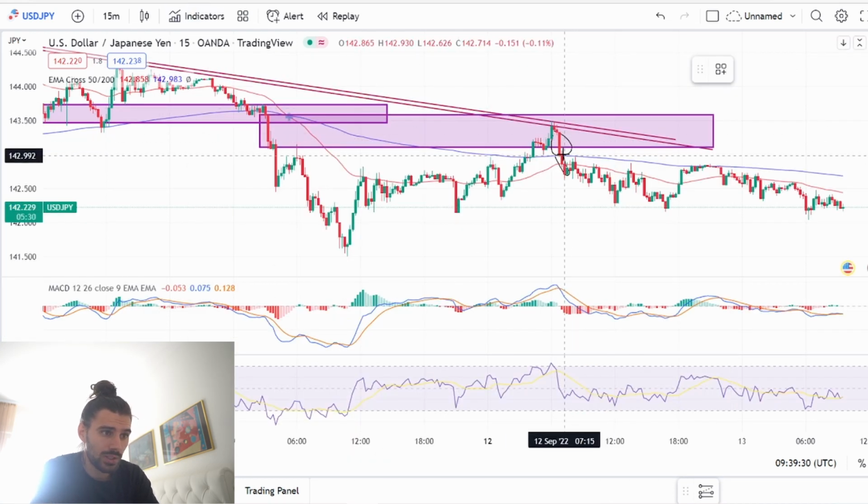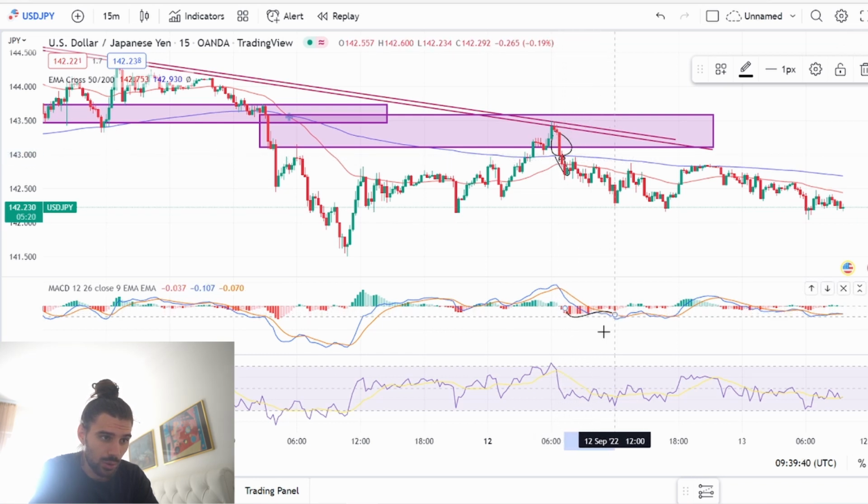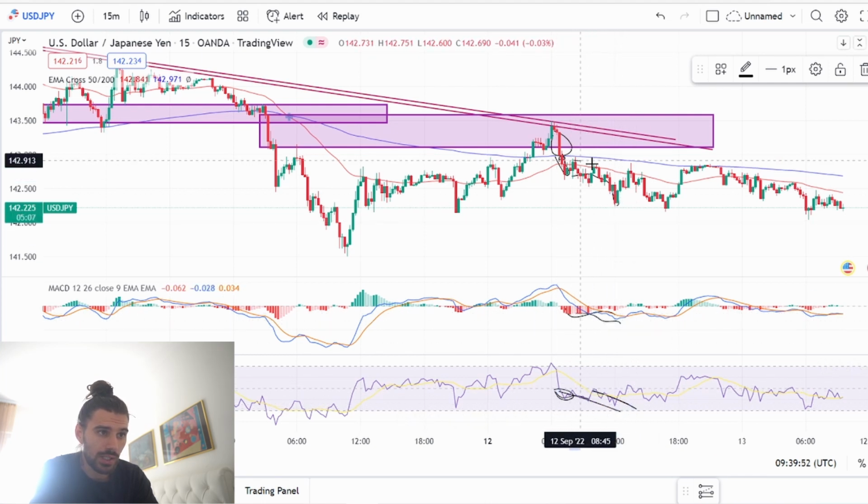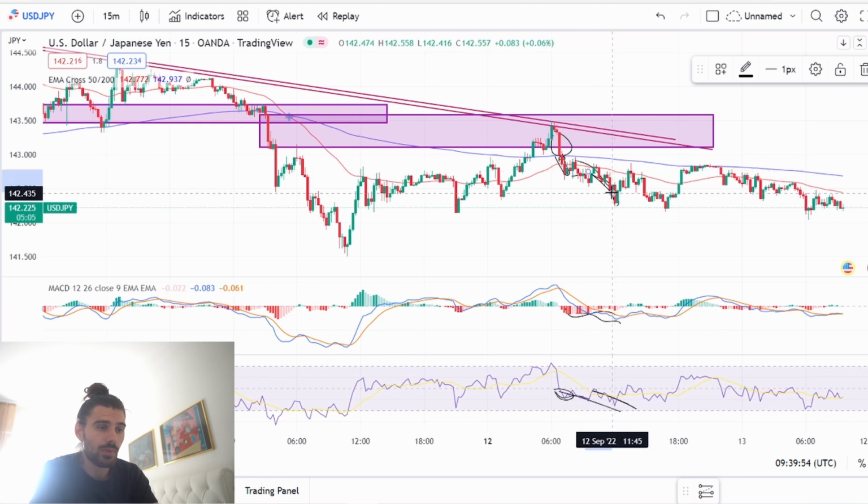And now once this red candlestick closed below the 200 EMA, this area here is turning red and the RSI is below the 50 level, and we can see until this point the market, the RSI and the MACD were trading below the 50 level. So now I can assume the market is bearish for quite some more time.